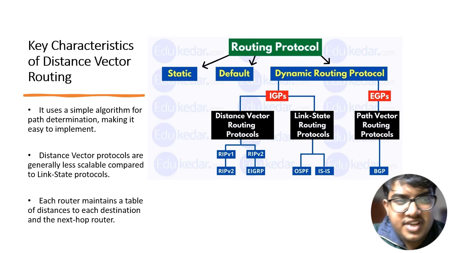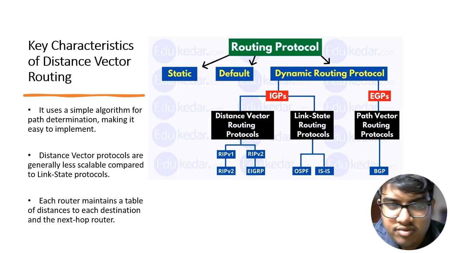Some of the key characteristics of distance vector routing are that it has a very simple algorithm to implement. It easily determines the path to your destination, and distance vector protocols are generally less scalable compared to link state protocols.